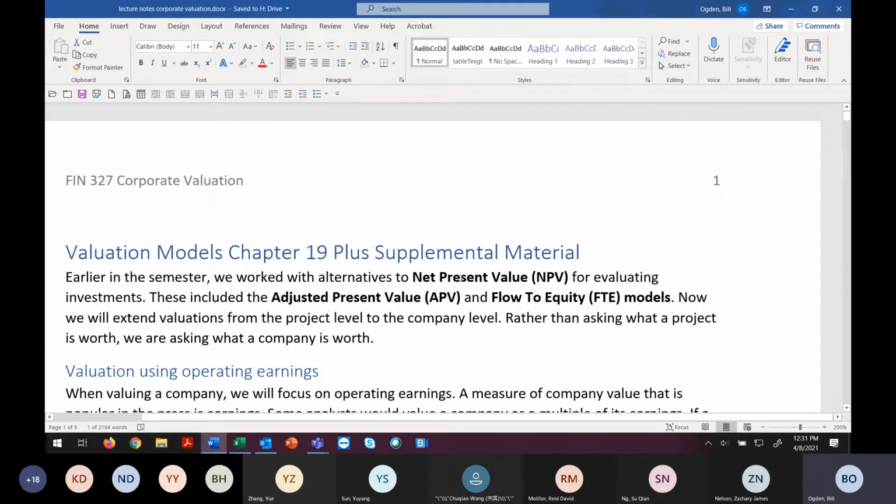So I added this supplemental material, and we will go through the economic profit model. I think it's important to learn this one because it's much easier if you're working with an actual 10K than is the free cash flow model.